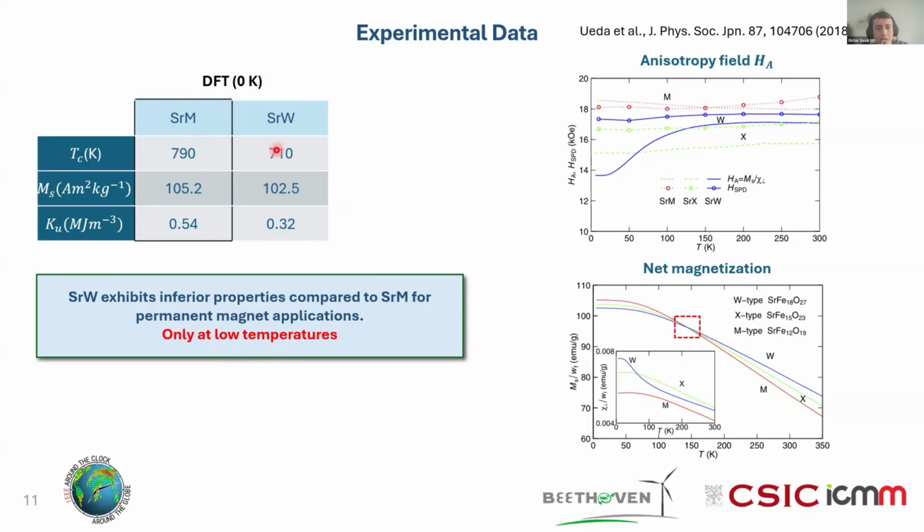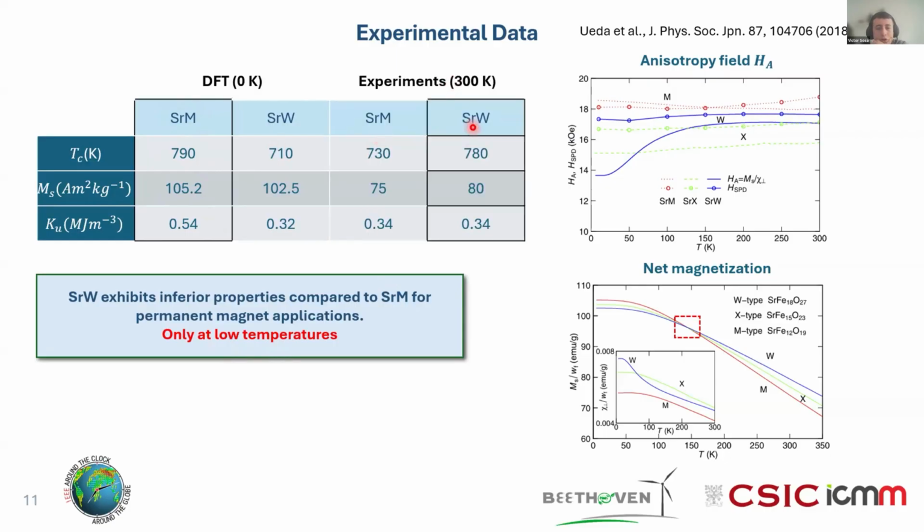If we compare this with values at room temperature, what we found is that, based on experimental values, at room temperature the best material is the W-type hexaferrite. The reason is that the anisotropy field, this data here is experimental data, of the W-type hexaferrite increases with temperature, and also the magnetization decreases slowly with temperature.